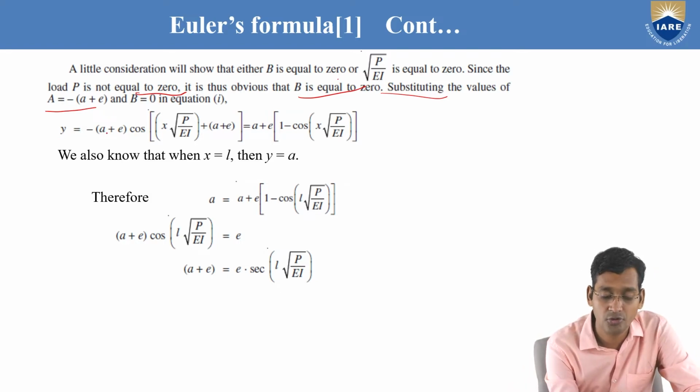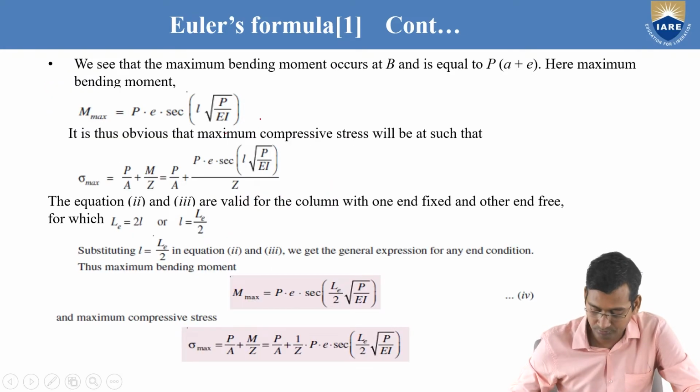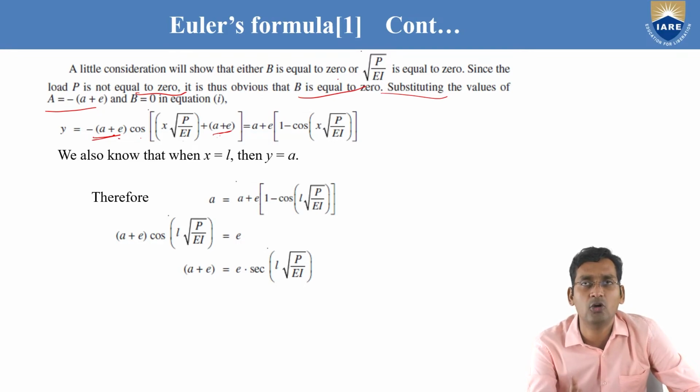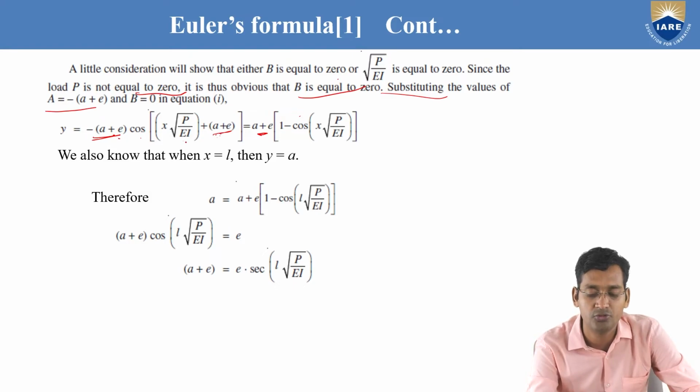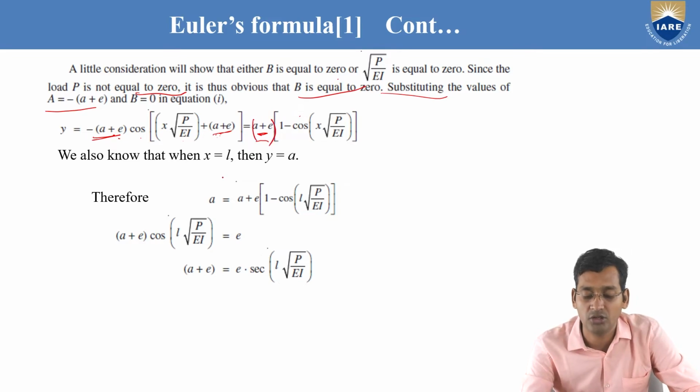So y equals minus A plus E cos of x root P by EI plus A plus E. Earlier we took A common, here the A plus E term we added, so taking A plus E common, we get A plus E into 1 minus cos x root P by EI.